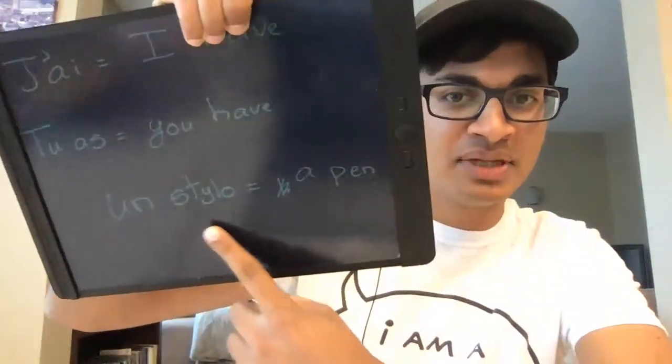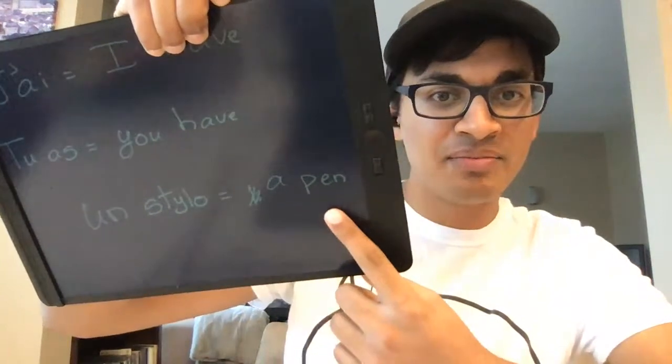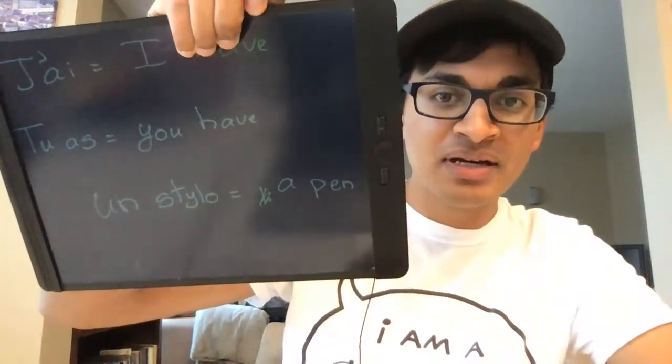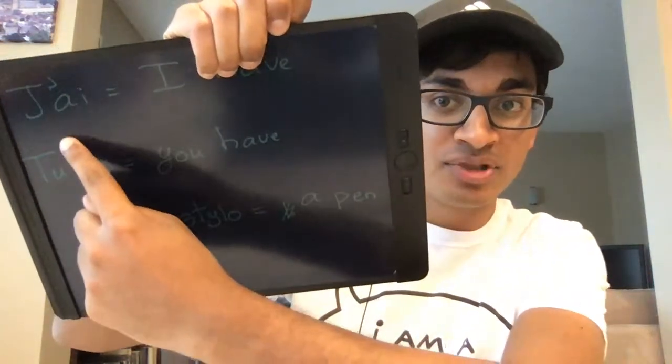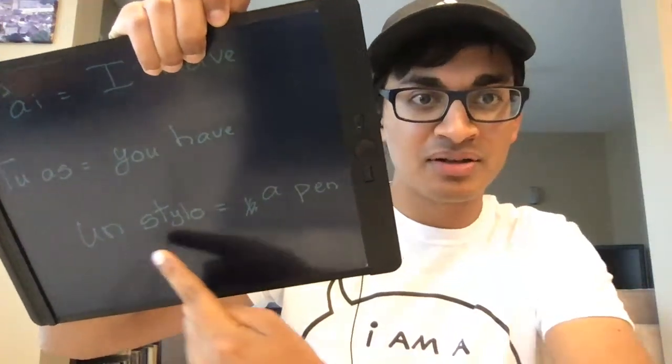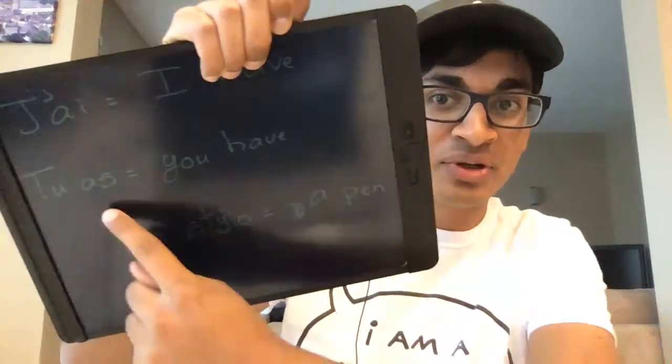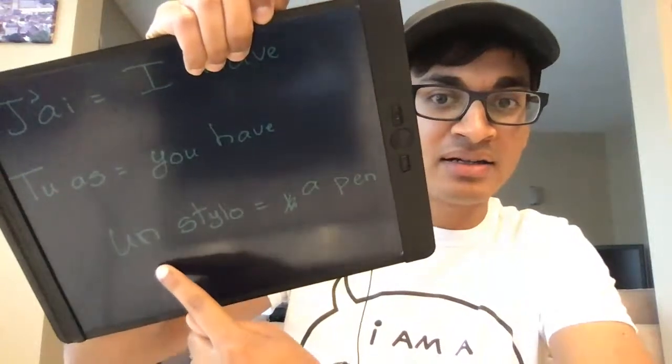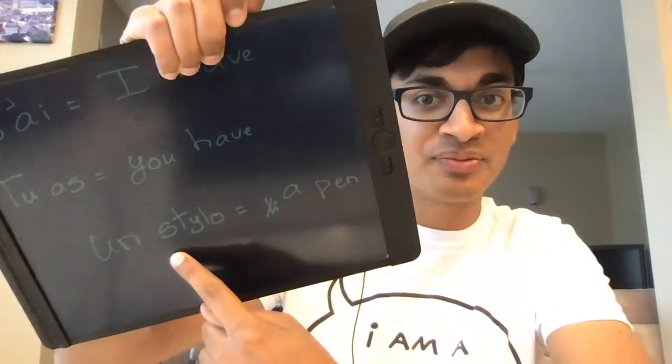Man, I should have used this blackboard last time. I really like having this in the video. It's actually equally useful as the Google Doc link. Un stylo is a pen. So j'ai un stylo, I have a pen. Tu as un stylo. Right?